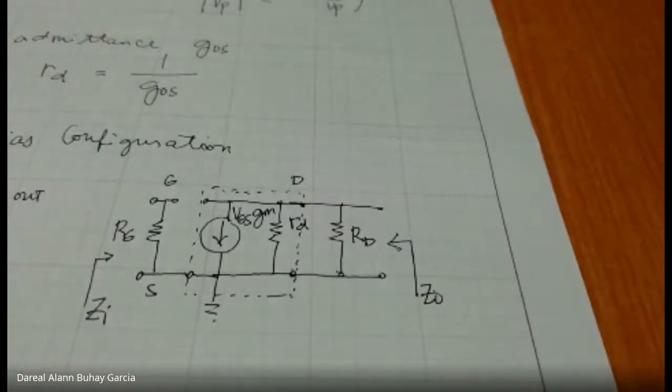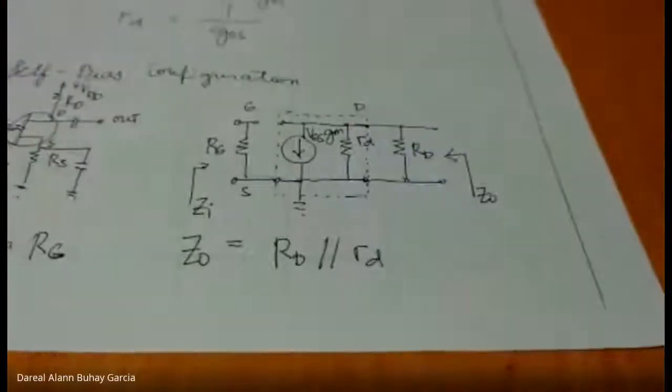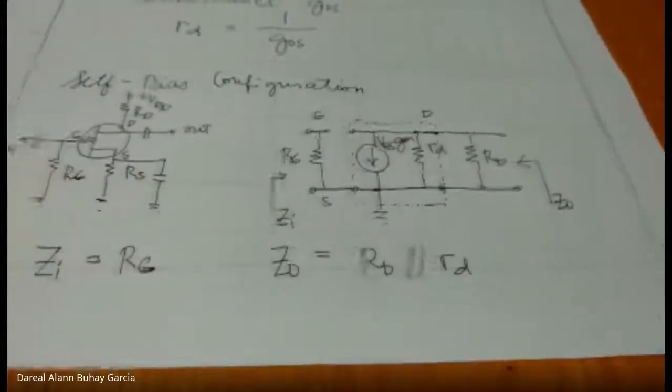It would be a plus if they were in series, right? But they are in parallel. So the output impedance is equal to RD parallel small rd. Okay?